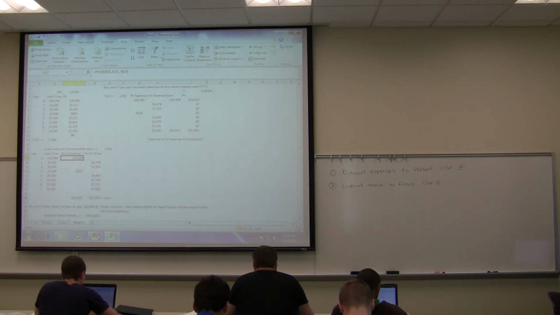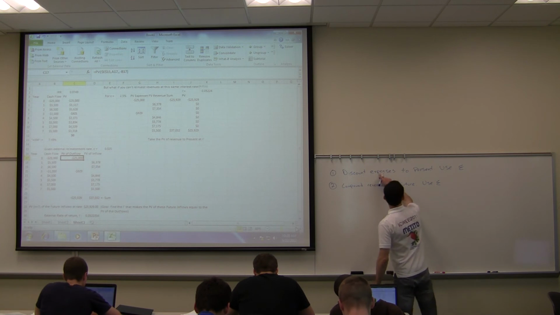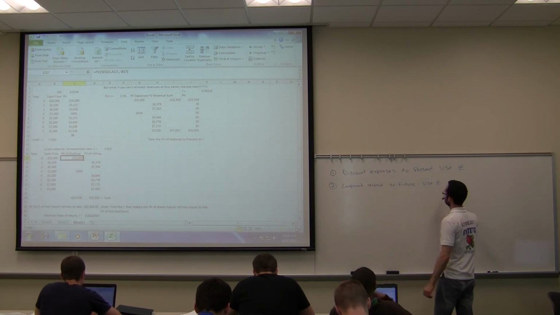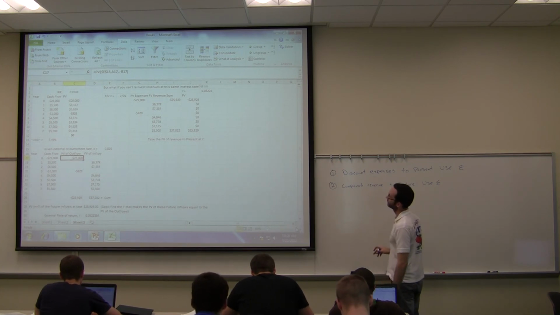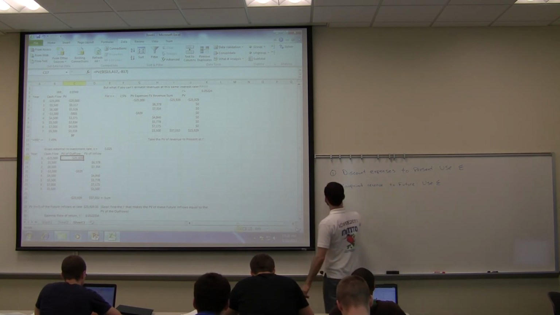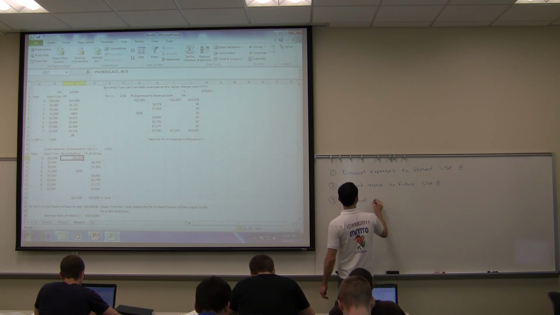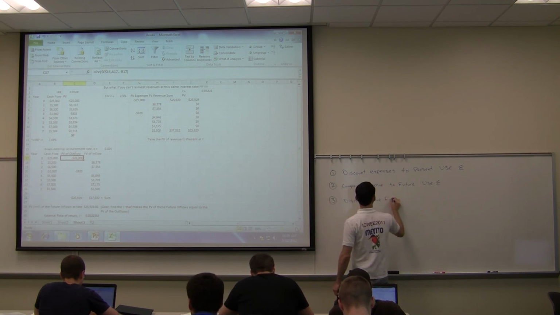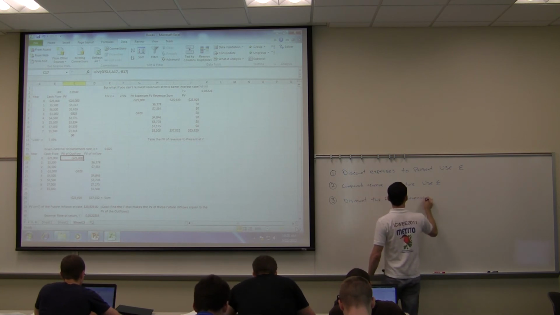Just to refresh our memory of the outline of steps here, you discount expenses to the present using epsilon interest rate, compound the revenues to the future using epsilon, and then discount the future. Where's your revenue?